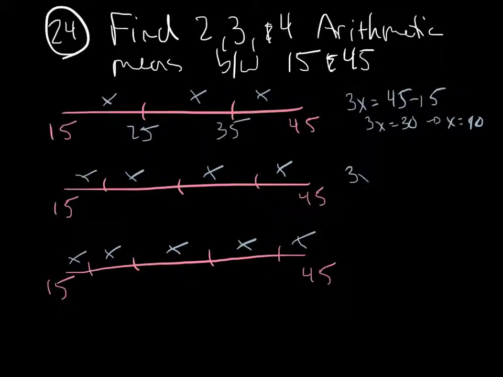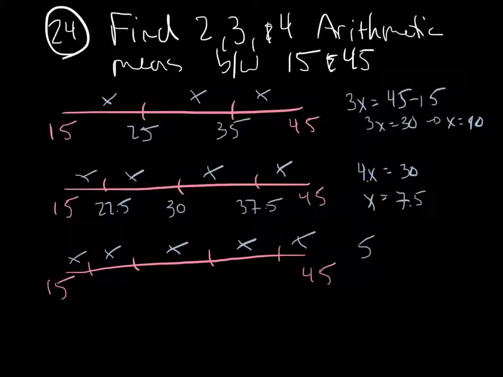Or I do 3, or not 3x, because I've got more x's here on the next one. I've got 4x is equal to 30, or x is equal to 7.5. And so I get 22.5, I get 30, and I get 37.5.